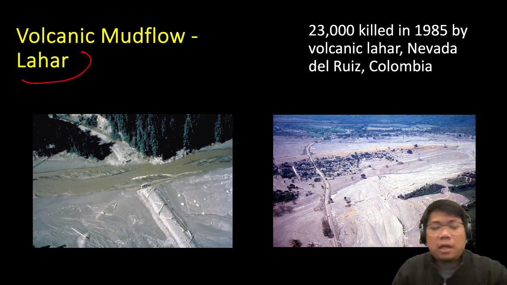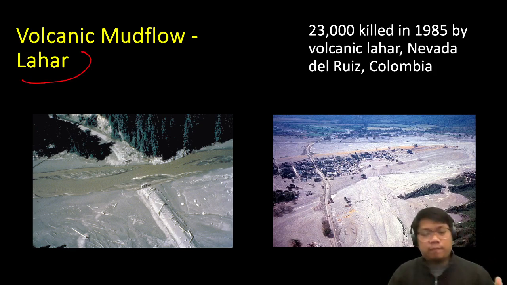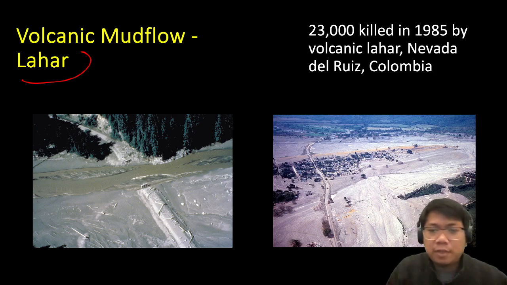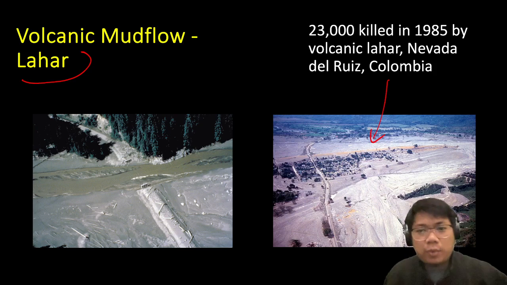Okay, lahar is basically mud flow that are mixed with mostly volcanic material, such as those lapilli or volcanic ash, or even big blocks or bombs from the eruptions. Okay, and they can be very dangerous. So, for example, in Colombia in 1985, 23,000 people killed by volcanic lahar in Colombia.